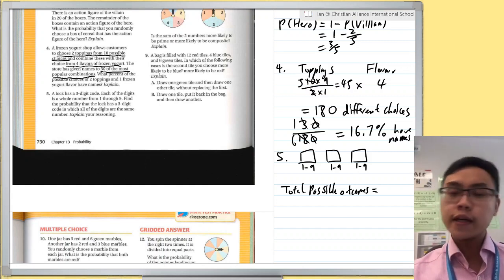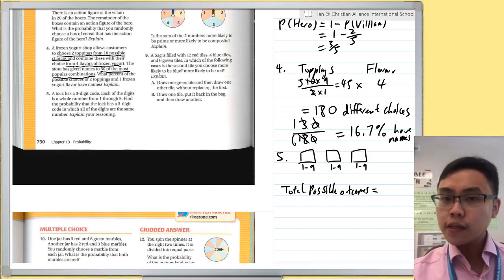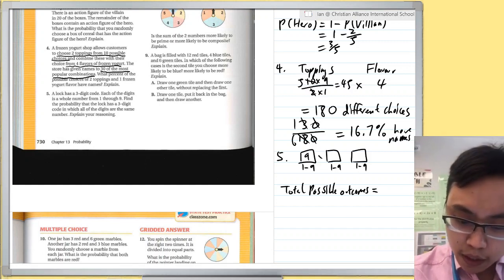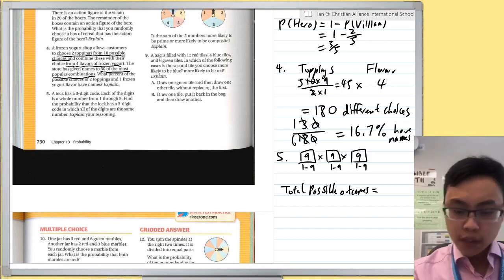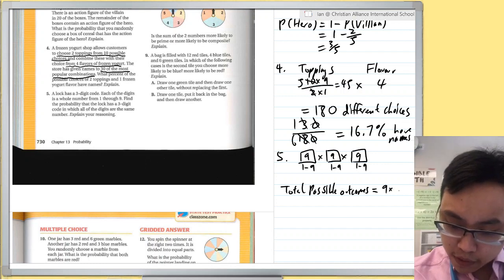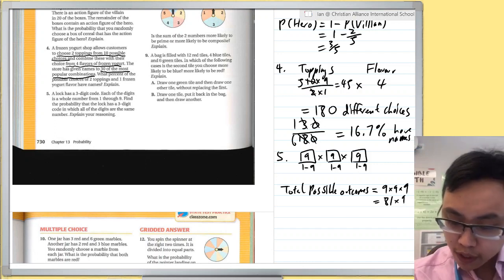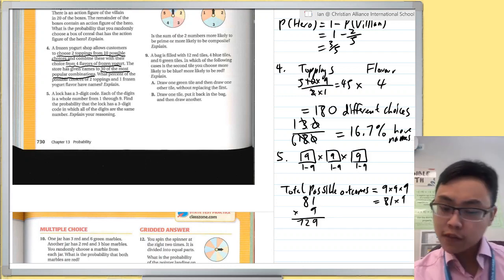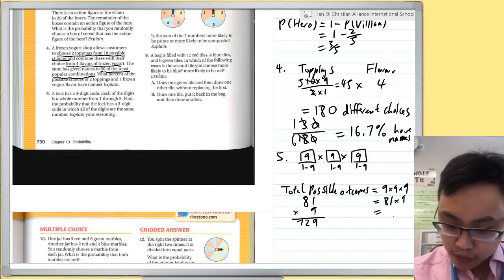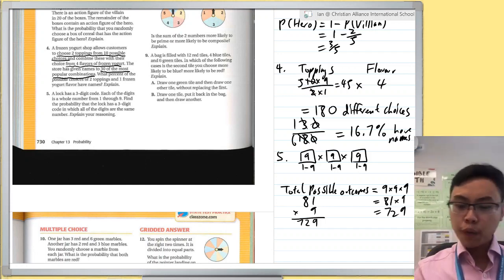It didn't say that it cannot repeat, so it's 9 times 9 times 9, which is equal to 81 times 9. I just have to do some quick multiplying over here. 9 times 1 is 9, 9 times 8 is 72, that's 729 different possible outcomes.